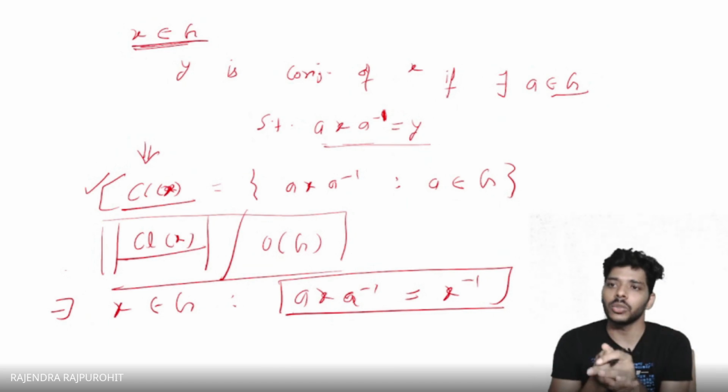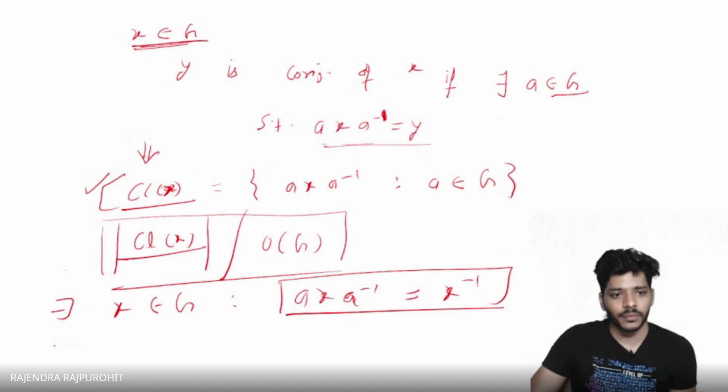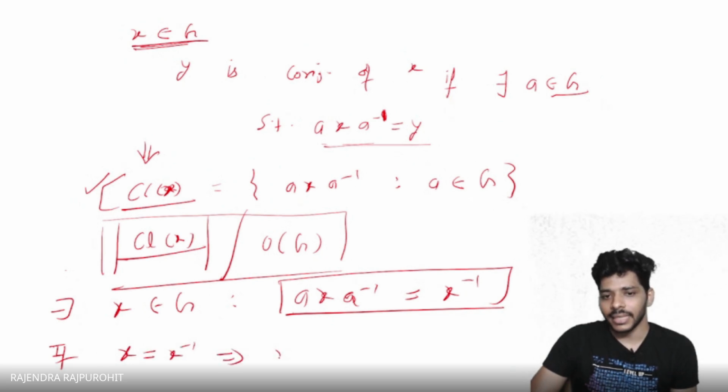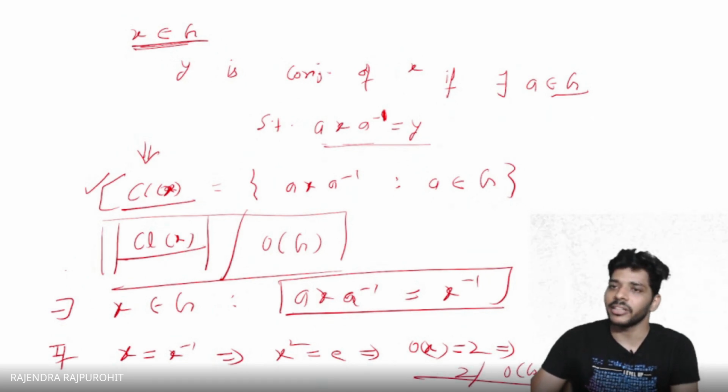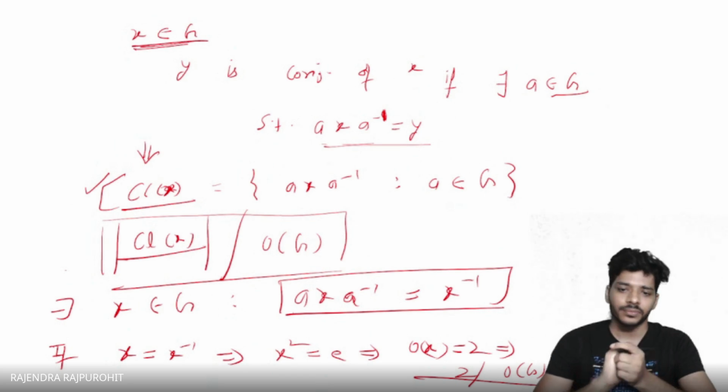If x is equal to x inverse, there can be two cases. If x is equal to x inverse, this implies that x squared is identity. This implies that the order of x equals 2. This implies that 2 divides the order of the group, because the order of an element divides the order of the group.